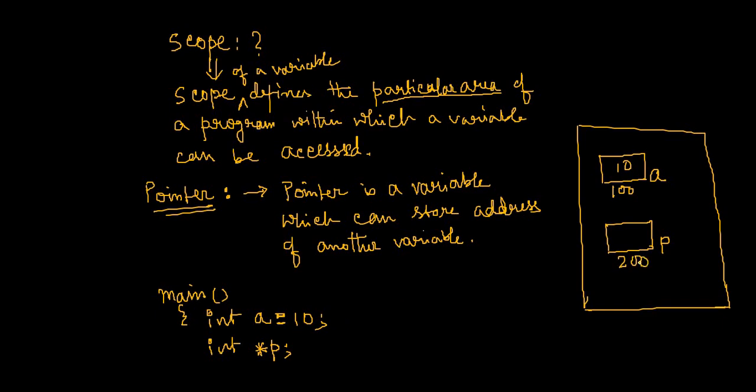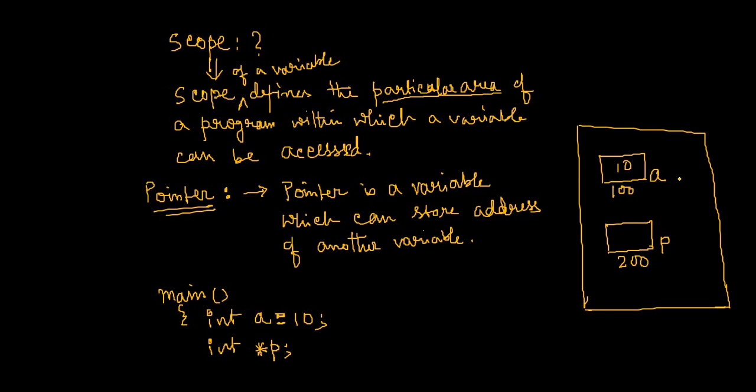Considering this definition, it can store the address of another variable. As an example, I can try to store the address of this variable A within this P. So the content of a pointer is always an address. The content of a pointer cannot be a simple value. On the other side, the content of a simple variable can never be an address. It will contain some value.